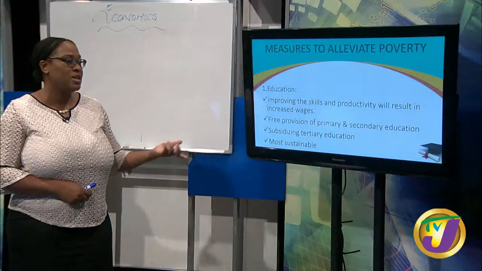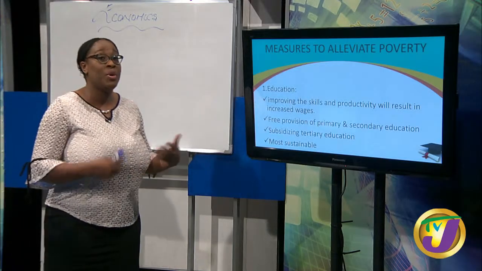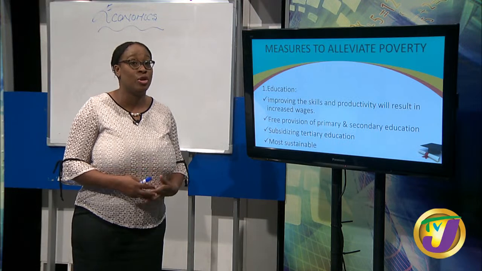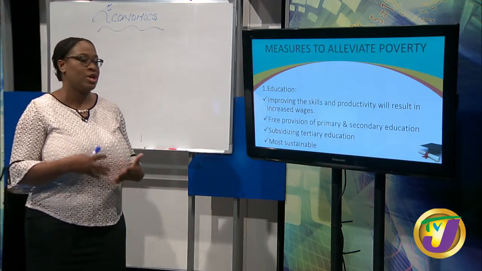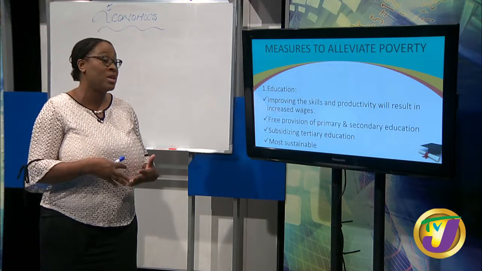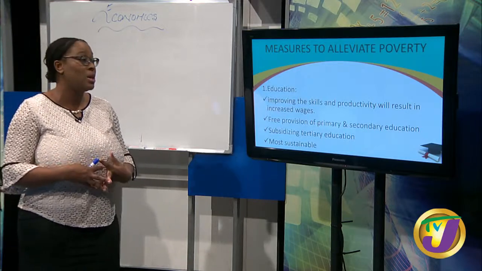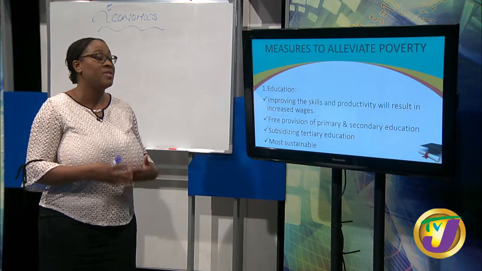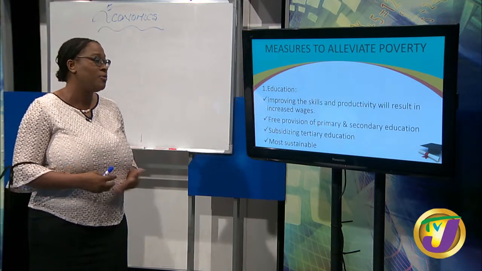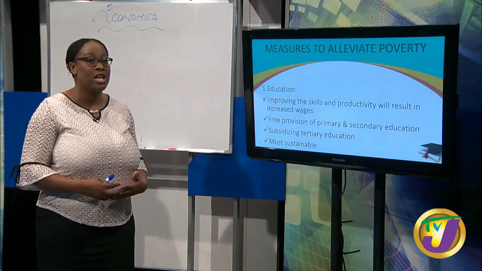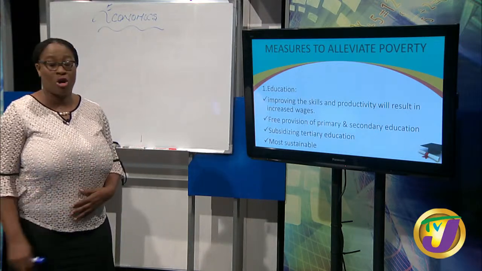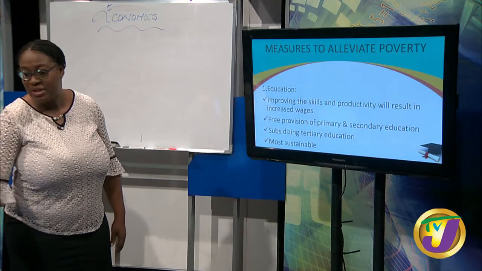What we can also recommend, and it is done to a certain extent, is subsidizing tertiary education. And also, may I just put something here that persons need to do a lot of research. There are scholarships out there. Do your research to help you to pay, whether it's a full scholarship, part scholarship, doing community service that will help you to get some form of scholarship. Education is one of the most sustainable ways of reducing or alleviating poverty.